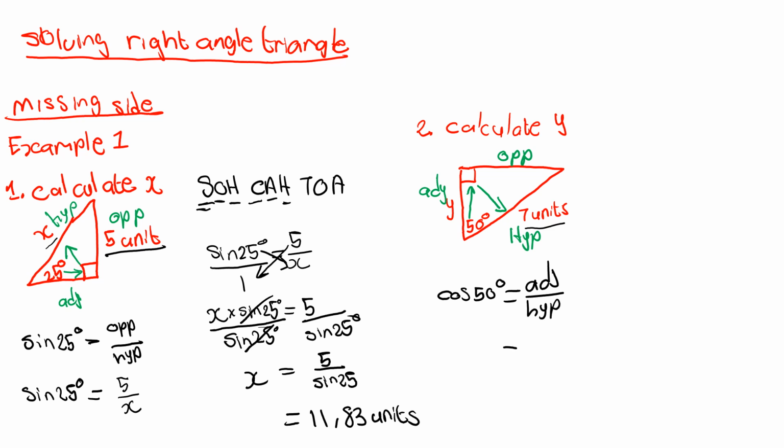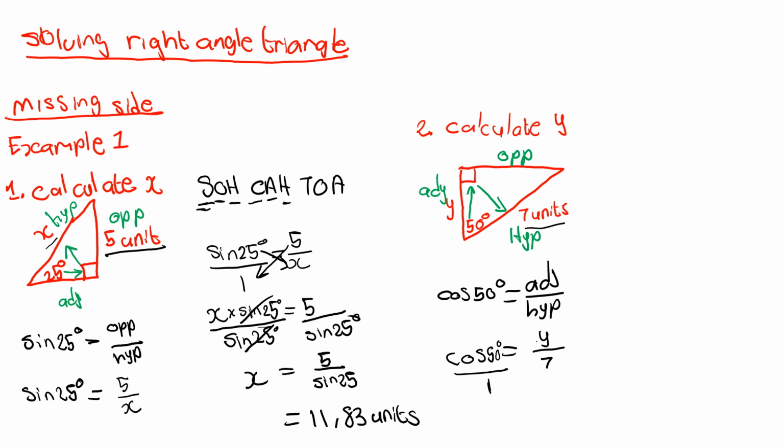Your cos 50 equals to adjacent over hypotenuse. Your adjacent is your y, your hypotenuse is your 7. So when you get here, remember you must cross multiply.